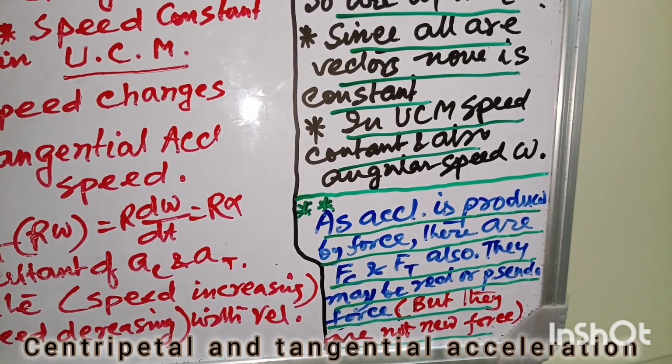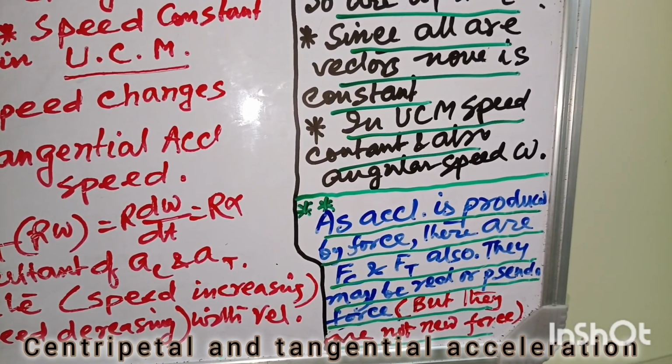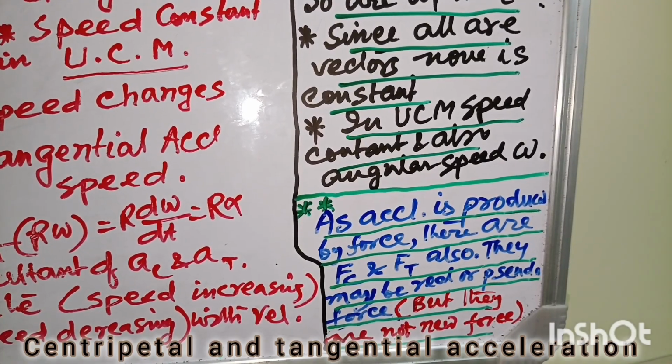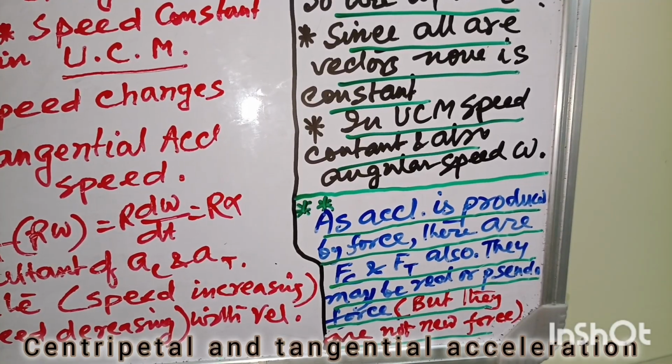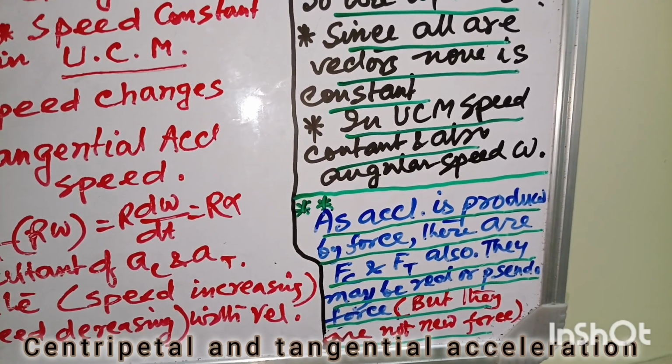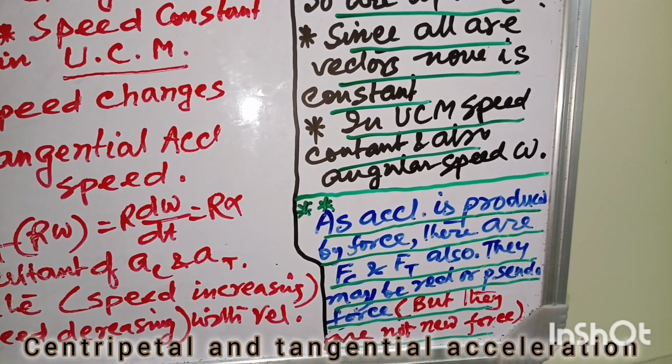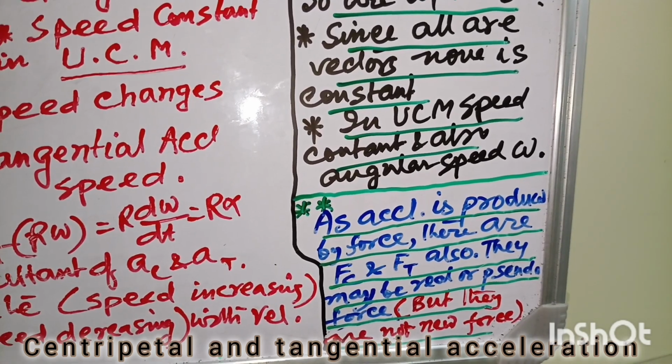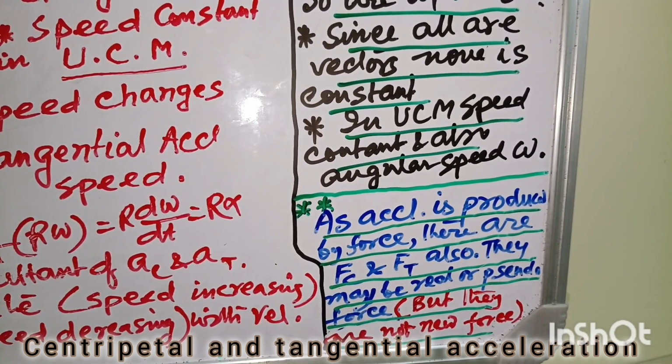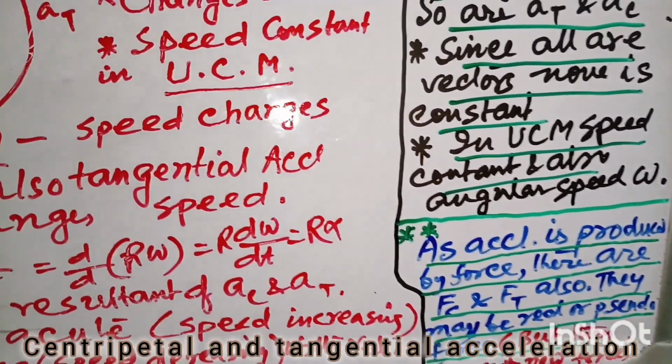So here also the forces are real or pseudo force depending on the origin, maybe tension, maybe friction, maybe gravitation. But if they act like this in a circular motion, they will be called either centripetal or tangential force.